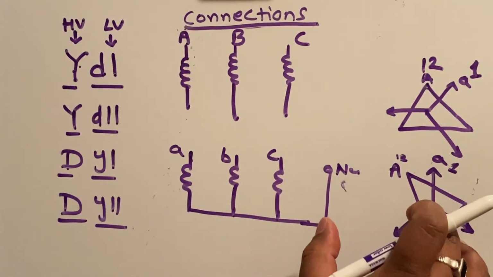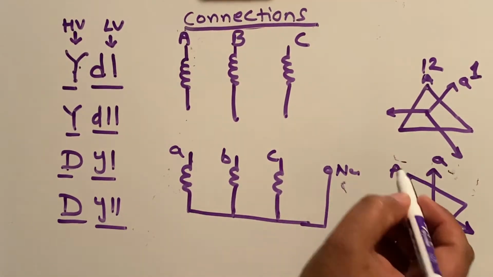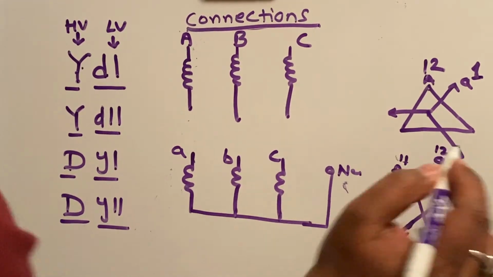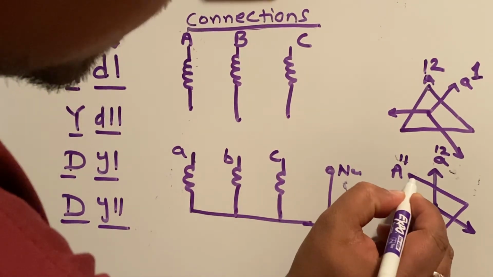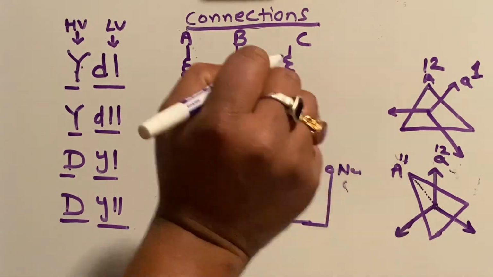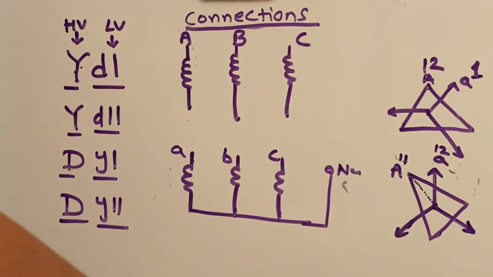But if you take this as a reference point, you will see this delta actually is at the 11th position, considering A is at the 12th position. So if you take this and go towards the center of the clock, you will see this point is going towards the right hand side.